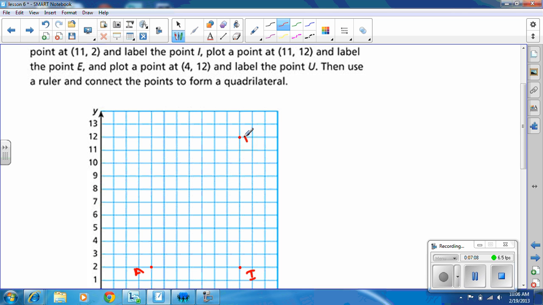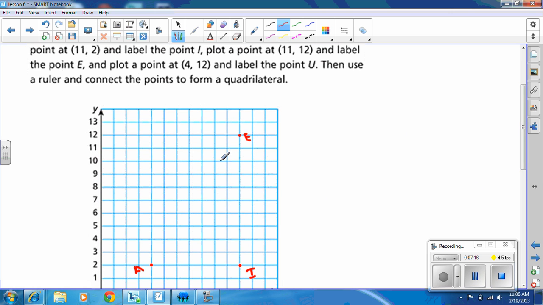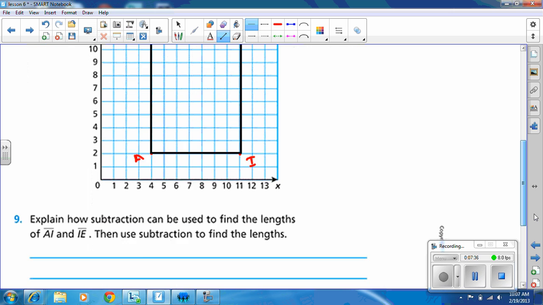Label it E. And 4, 12 goes right over here, and label it U. And then you should have those connected up with your straight edge to form a nice big rectangle.